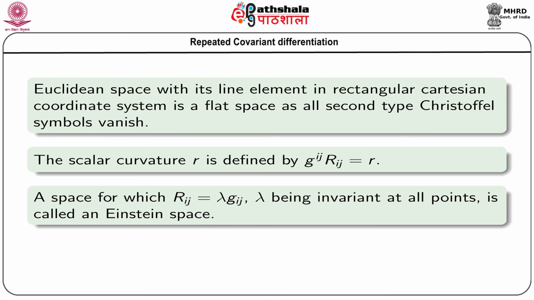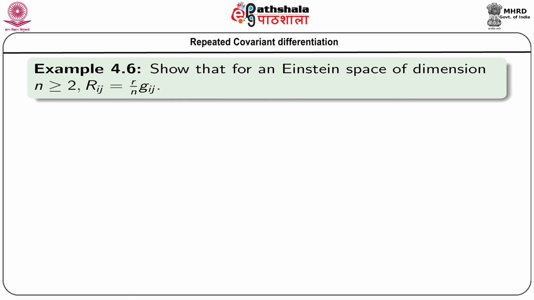A space where the Ricci tensor is a multiple of g_ij's is known as an Einstein space. Now, let us see that for an Einstein space of dimension n greater than or equal to 2, R_ij can be expressed as R by n g_ij. The value of lambda is nothing but R by n.